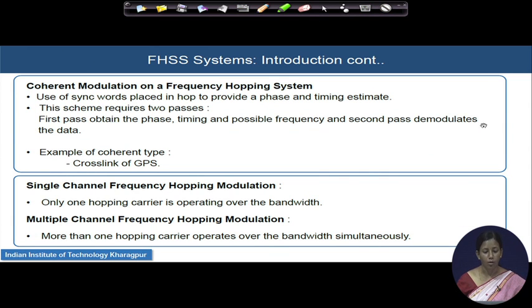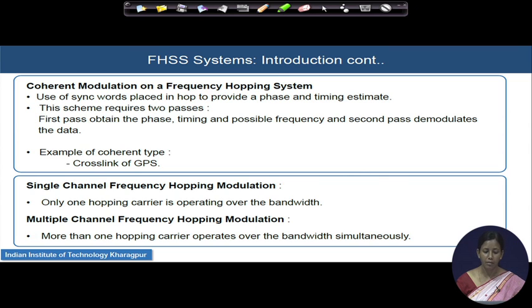Now, coming to the coherent modulation type of frequency hopping system, this kind of system utilizes a sync word, which is utilized for getting the synchronization information. By synchronization, I mean the phase and the timing estimate that will be performed at the front end of the receiver before any kind of dehopping and data detection techniques.